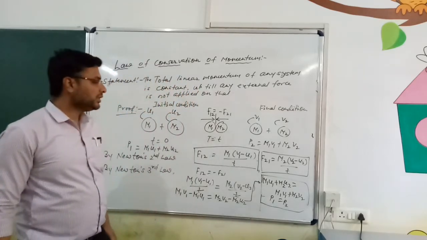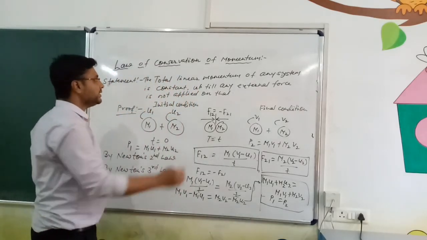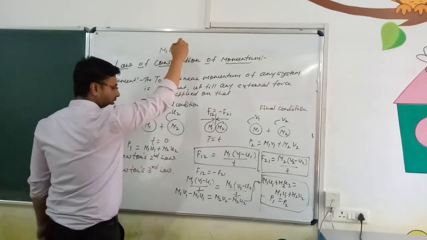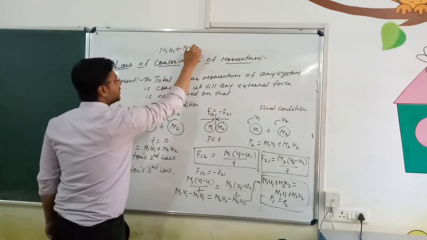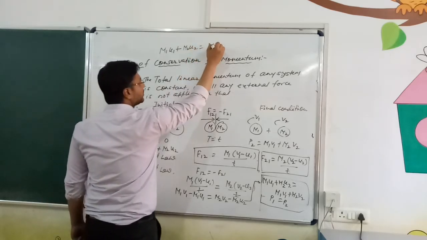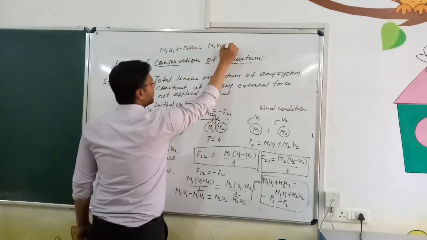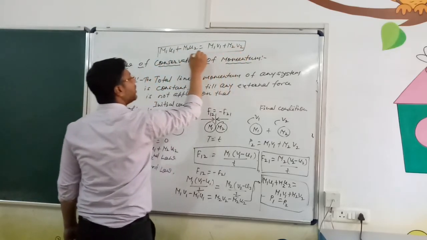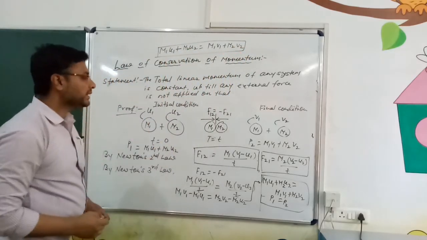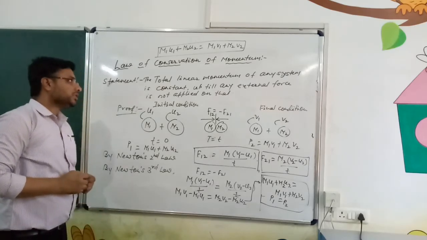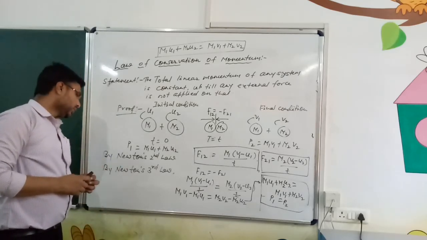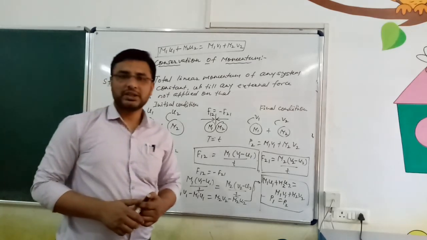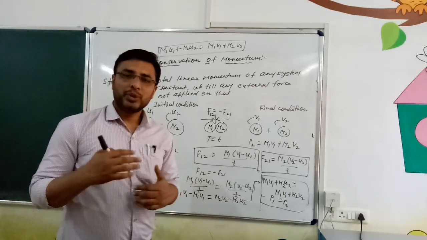We can find the missing term by this formula, m1 u1 plus m2 u2 equals m1 v1 plus m2 v2. This is the formula of the law of conservation of linear momentum. In this way, by using Newton's second and third laws, we can prove the law of conservation of linear momentum.